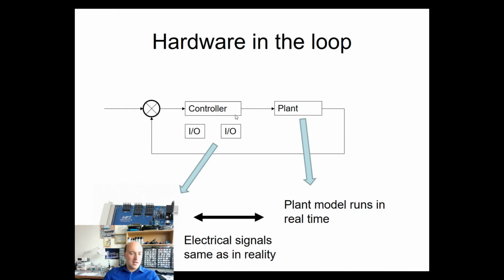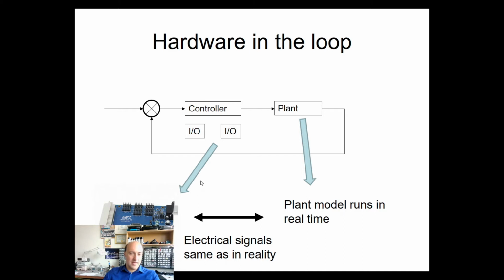It could be also some current, because in industrial systems you probably know that we use current signals because of the higher immunity to electromagnetic interference. But this I/O might be also some data signals. So this might be USB, this might be a serial line, this might be an Ethernet connection, and so on and so on. So those signals will be the same as in reality.